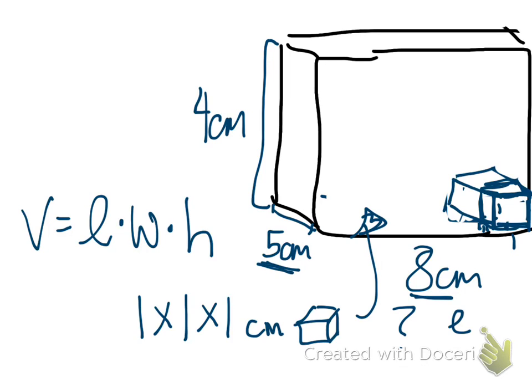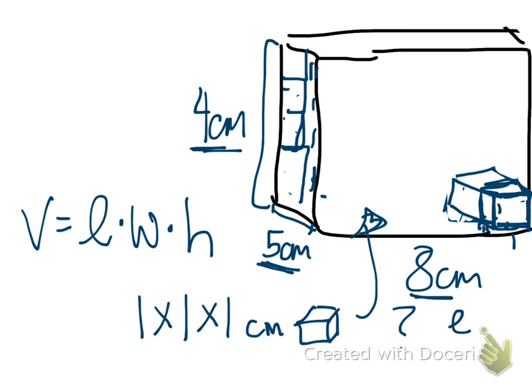So it's going to be 5 deep. And then if I stack them on top of each other, it should be 4 tall if I was doing this to scale, because it's 4 centimeters. So if I do 4 one-centimeter blocks, I'm going to have my total of 4.